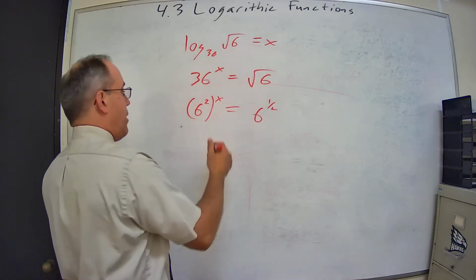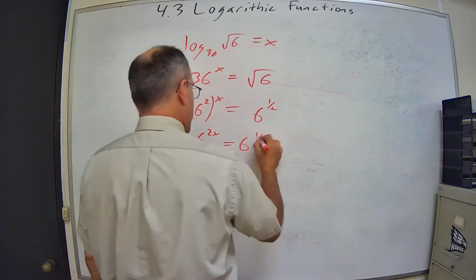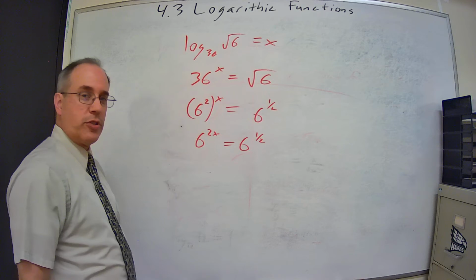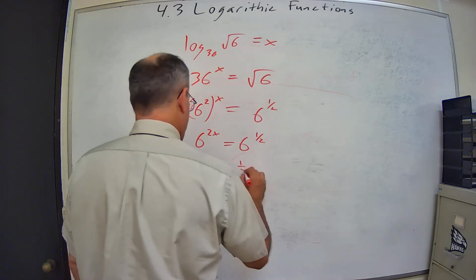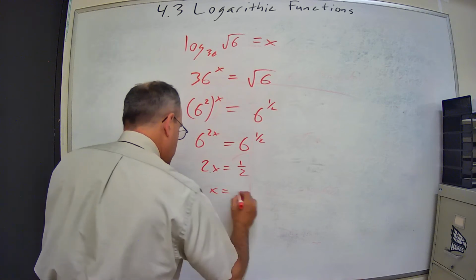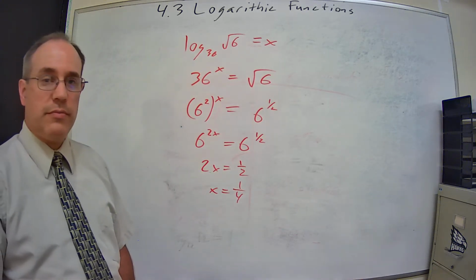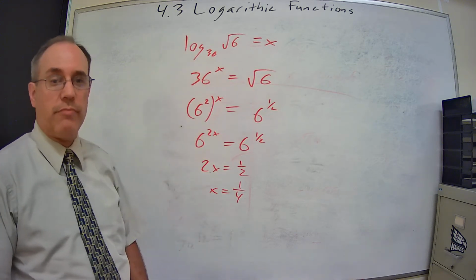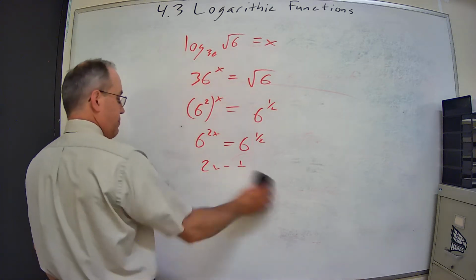Actually using our power property, we made 6 to the 2x is equal to 6 to the 1/2. Well, if the base is the same, then the exponents must be equal. So 2x is equal to 1/2, or x is equal to 1/4. So you see how this can actually make it much easier to work with. And that's why we want to know that equivalency.